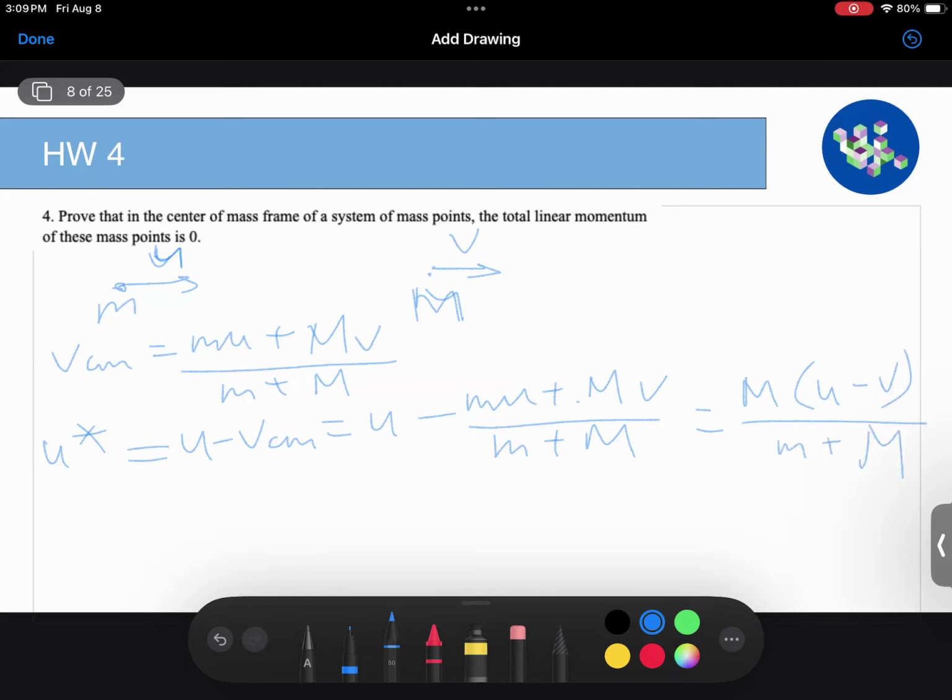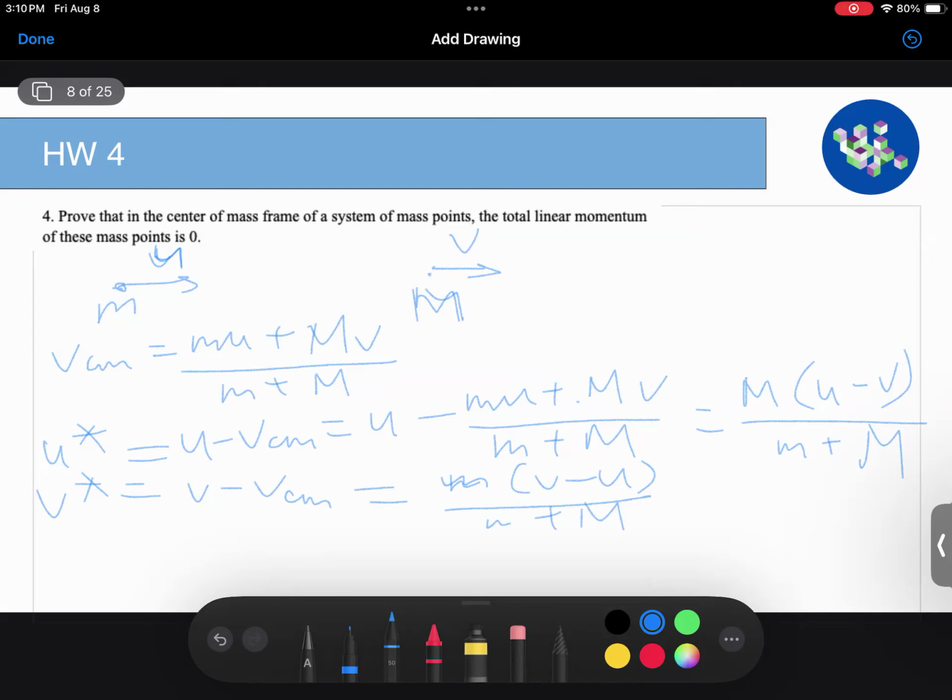And then we get v star, which equals v minus V_CM. We do the algebra, and that should equal small m times (v minus u) divided by (m plus M).